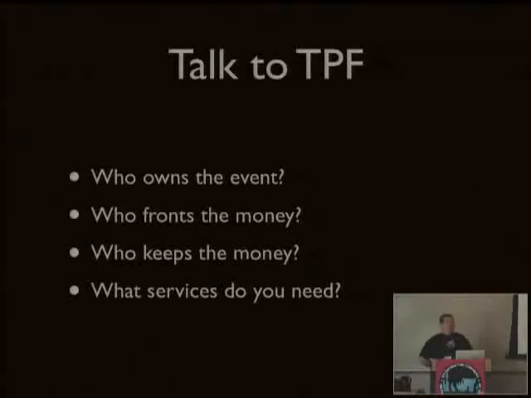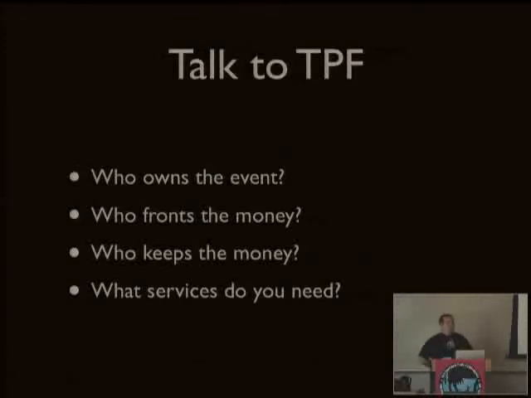If it's a TPF event, when the event's over, any surplus goes to TPF. Any deficit, TPF will cover. If it's your event, then your group is going to be responsible for covering any deficit. If there's any surplus, we will keep that in an escrow for you.